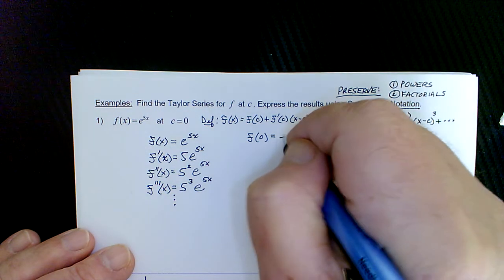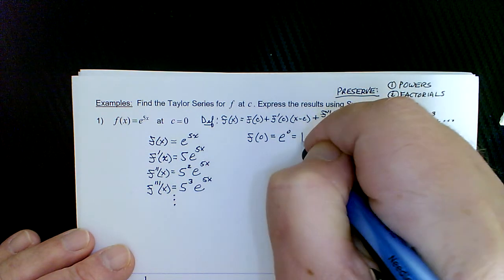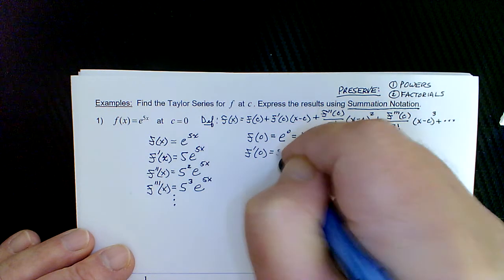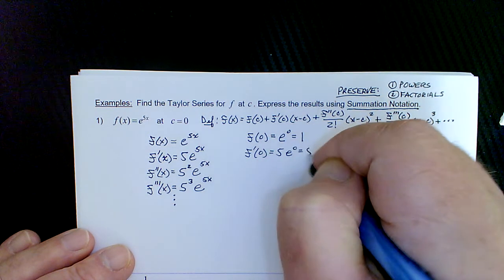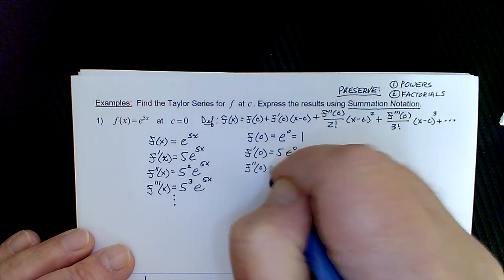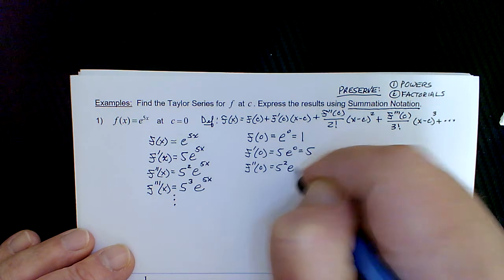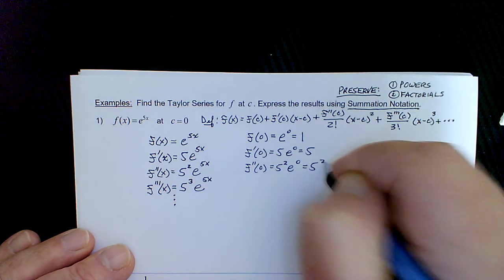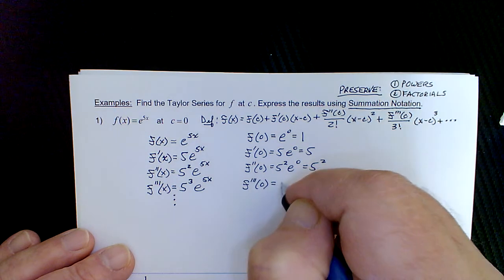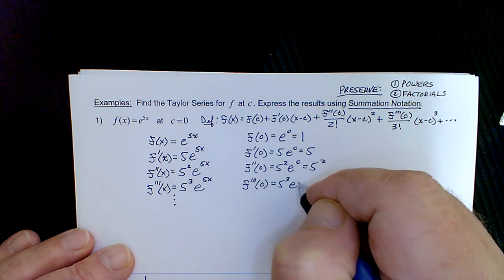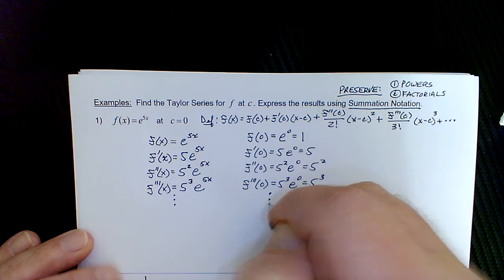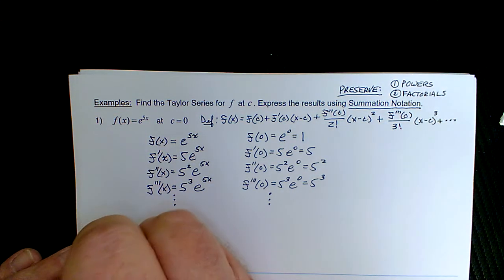Okay, f of 0, e to the 0, 1, f prime of 0, 5 times e to the 0, so 5, f double prime of 0, 5 squared, e to the 0, so 5 squared, f triple prime of 0, 5 cubed, e to the 0, so 5 cubed, and so on. Okay, so now we'll substitute.